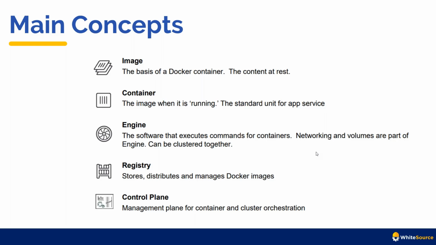So the registry is where we usually keep the images. It's important to mention that your container orchestrator, so for example, Kubernetes, ECS, Rancher, Docker Swarm, or any other container orchestrator will actually pull the images and will actually run them from within the registry.